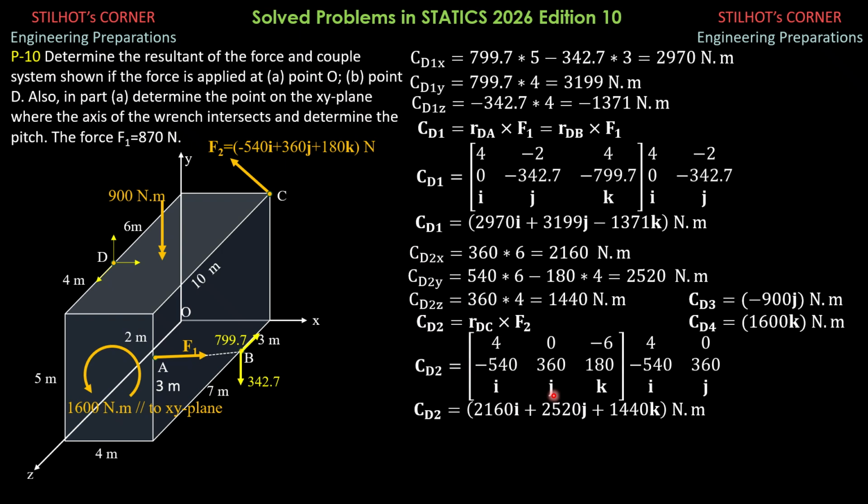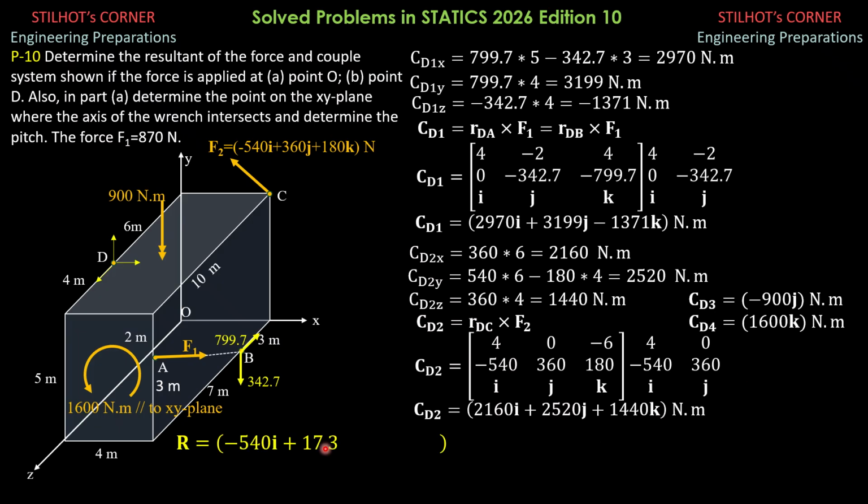Combining, so we have 2970 plus 2160. That's for I. For J, 3199 plus 2520 minus 900. Then for K, negative 1371 plus 1440 plus 1600.